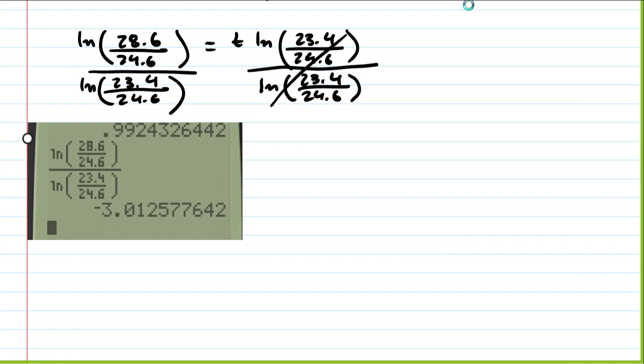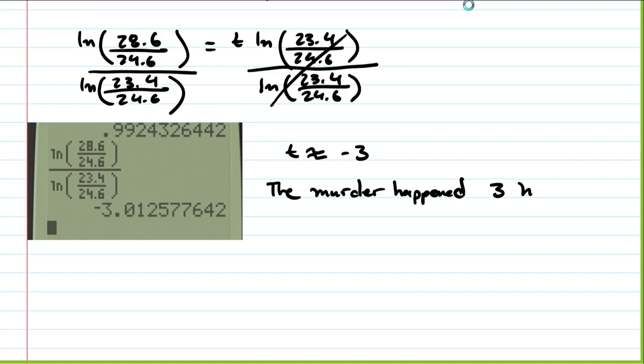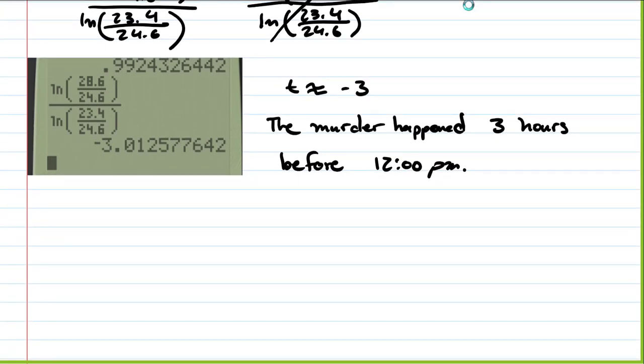So we get that t is about -3, which means the murder happened three hours before. So the murder happened at about 9 p.m.